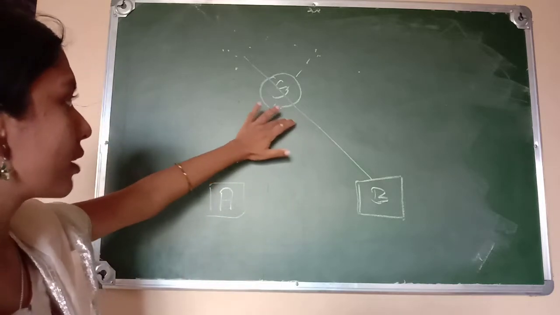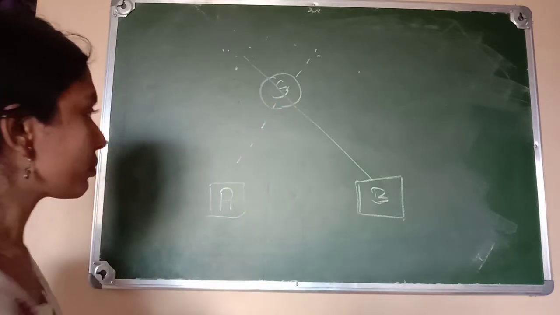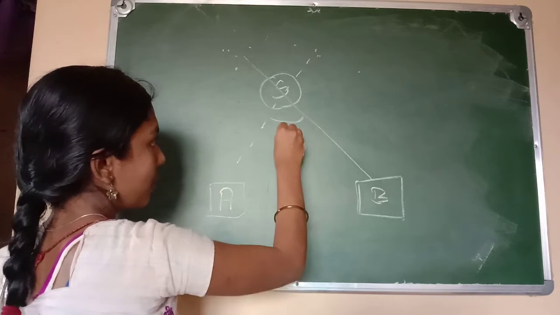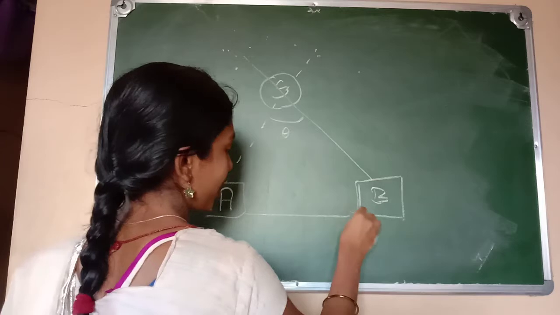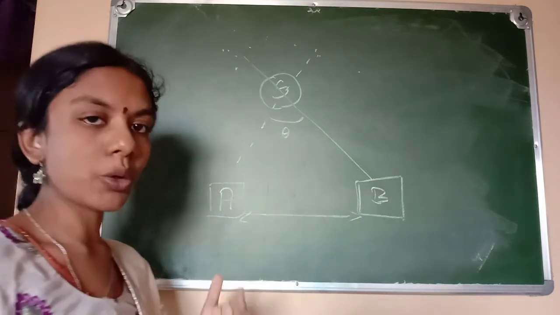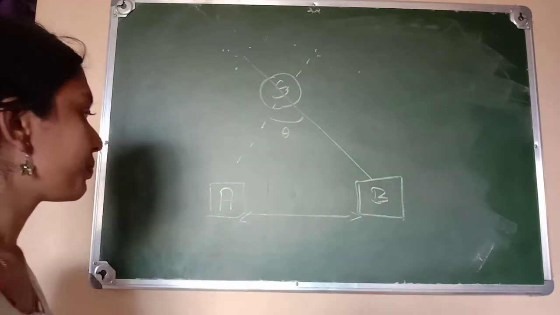So again you can have this theta, the parallax angle, and the distance between the observatories you can calculate on the earth.